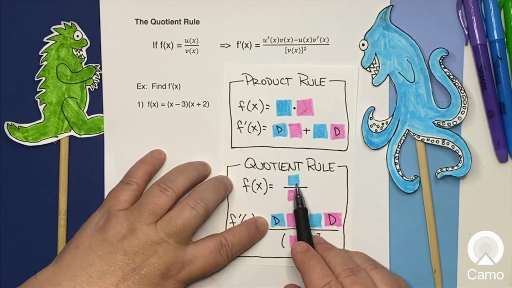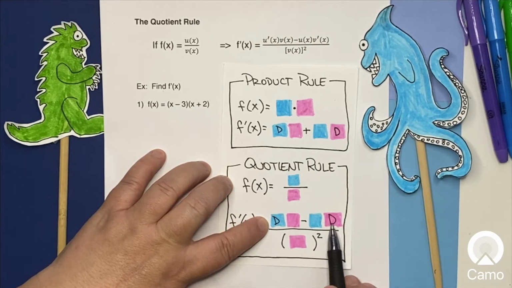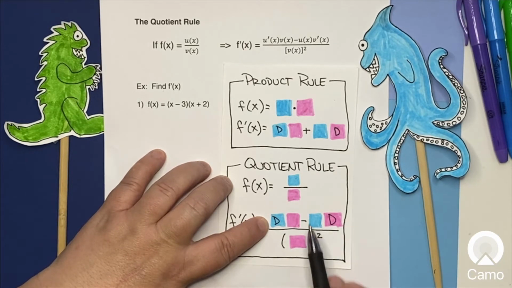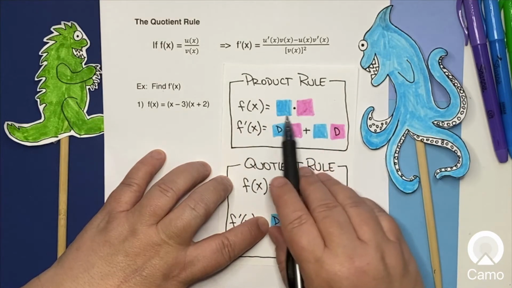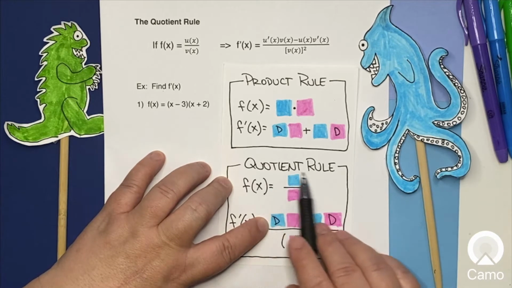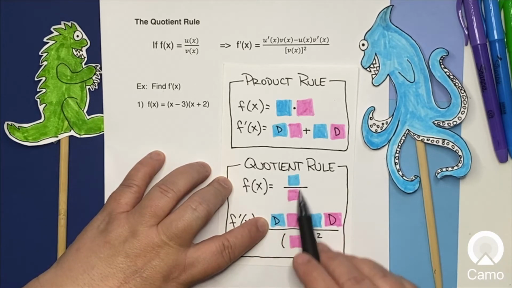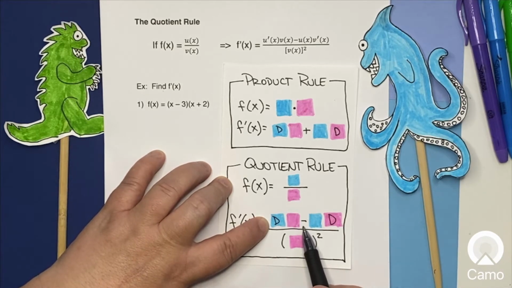You take the derivative of the one that's on top first times the second, and the derivative of the bottom one second times the first. But notice there's a really big difference. When you're using a product rule, they're just multiplied together, you add them. And when you're looking at the quotient rule, where they're set up in a rational expression or in a fraction, you're dividing them, you subtract.